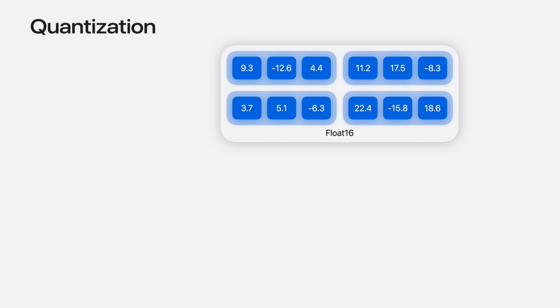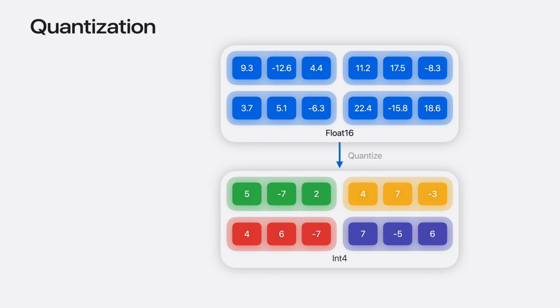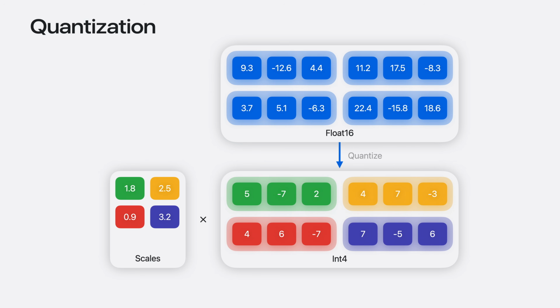The idea is simple: take higher precision weights and reduce them into lower precision data types. For example, 16-bit half-precision weights could be compressed down to just 4 bits. These quantized weights are paired with scale factors, which let us scale the quantized value back into the original range when it's time to compute.